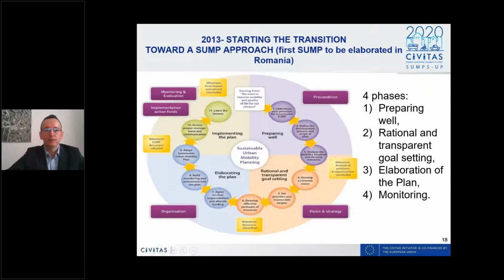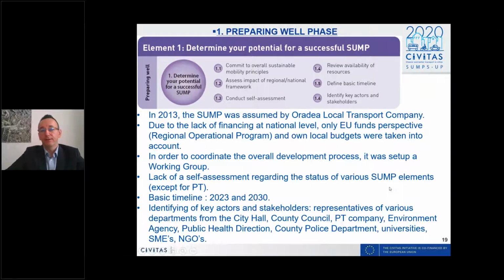Linking to the SUMP cycle and the start of the transition toward a SUMP approach, we have developed the overall phases, starting from preparation, goal setting, elaboration, and we are now in the current phase of monitoring. In 2013, the SUMP was assumed.